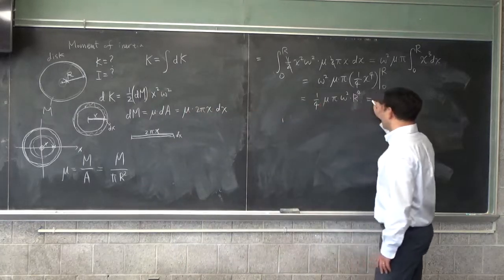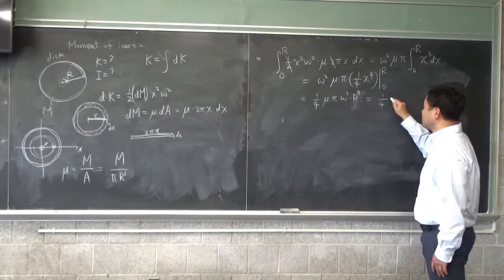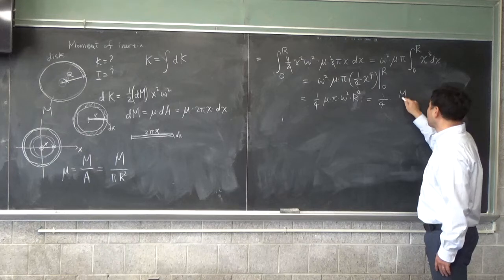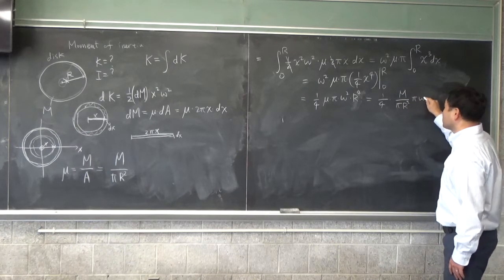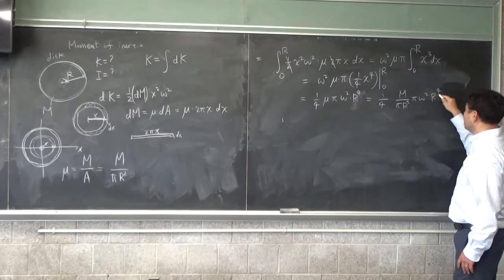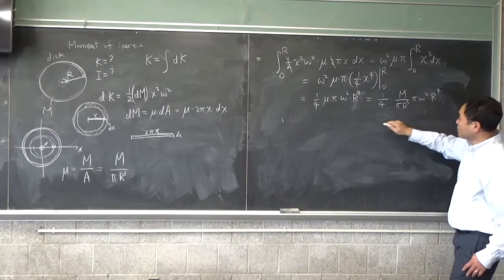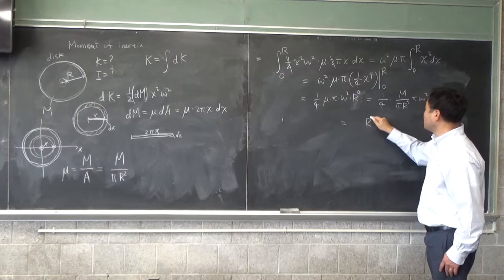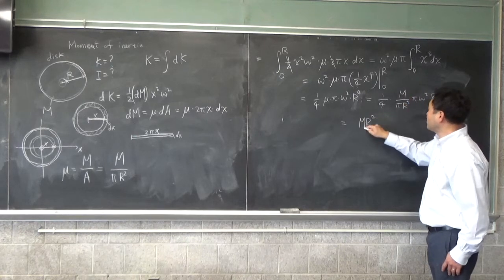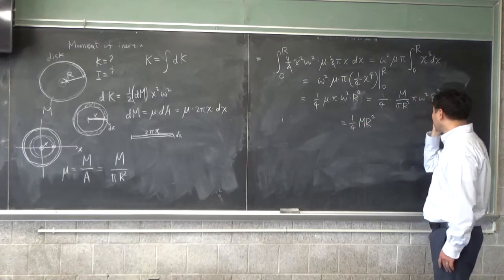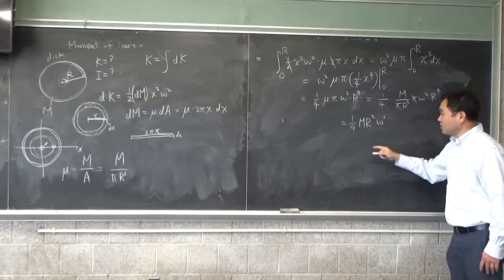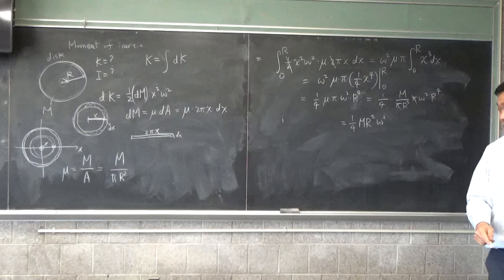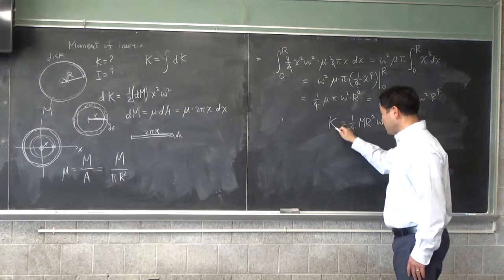It's 1/4 times m over pi r squared times pi omega squared r to the fourth. R to the fourth divided by r squared gives you r squared. You have an m, you still have 1/4, and pi cancels, and you just get omega squared. That looks a lot simpler. So that's our answer for the kinetic energy.